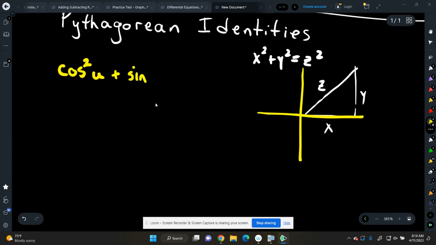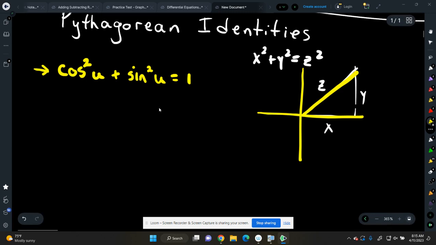So cosine squared plus sine squared equals. Now on our unit circle, what's this z going to be? 1. So it equals 1 squared, which is 1. That is our first Pythagorean identity, and that's where it comes from, Pythagorean theorem, x squared plus y squared equals z squared, which translates to cosine squared plus sine squared equals 1.